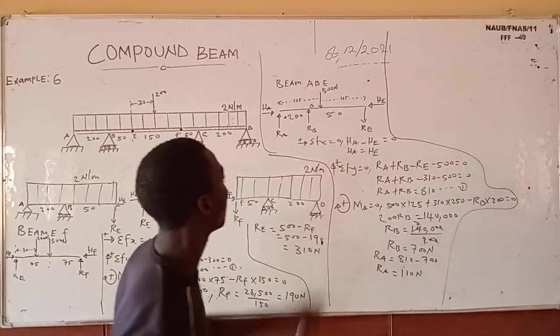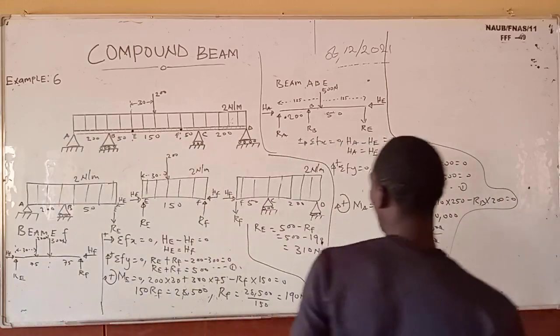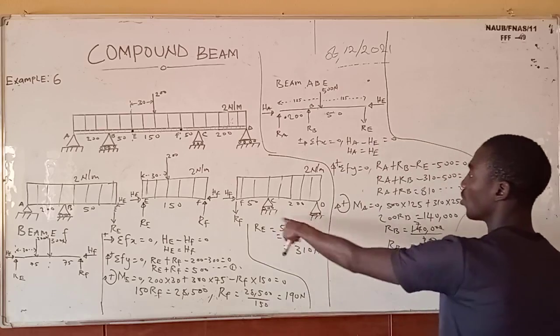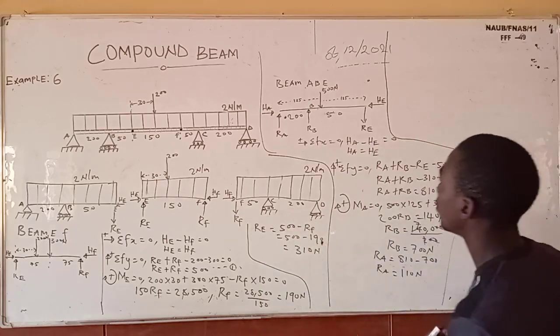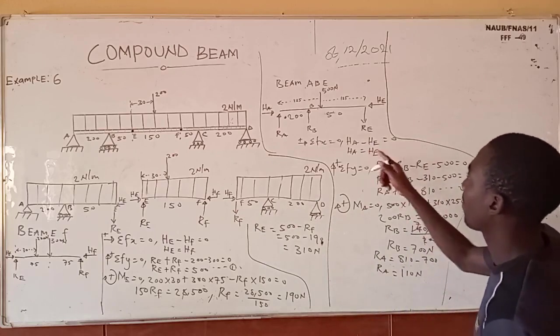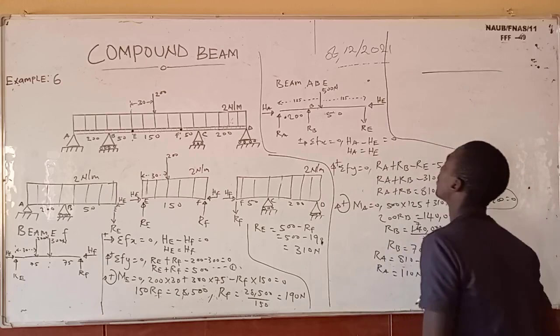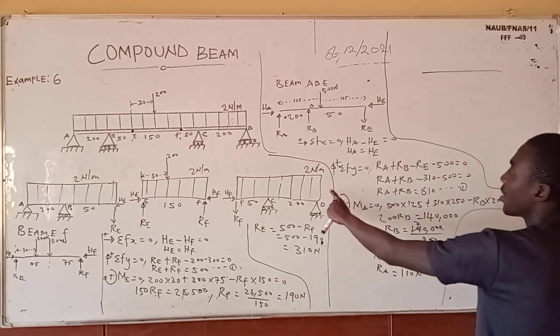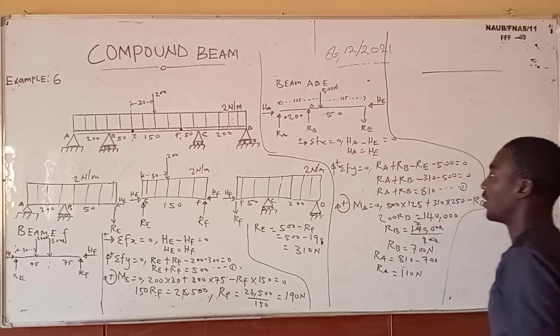Okay, so let's solve that one there. I'll draw the free body diagram also. Don't forget that the total distance is also 250. So I think it will be in this manner. Draw this first. Convert this to a point load. It is still 500; 2 times 250 is 500.